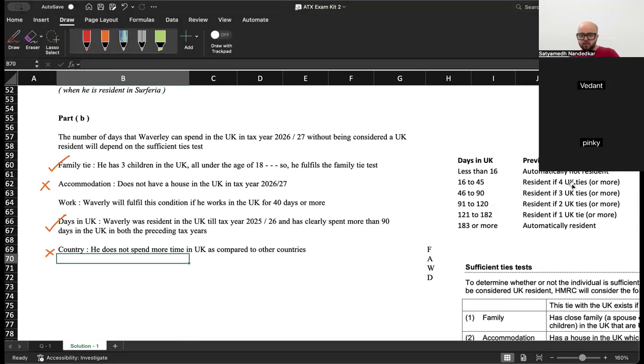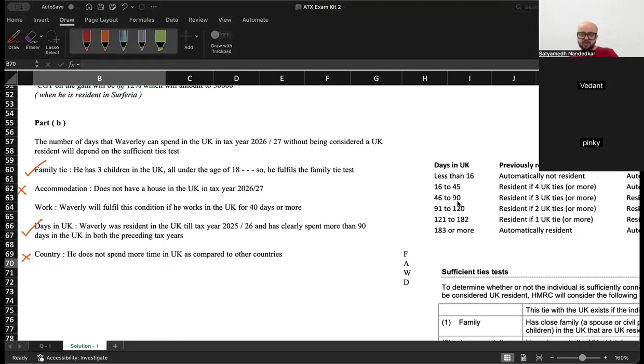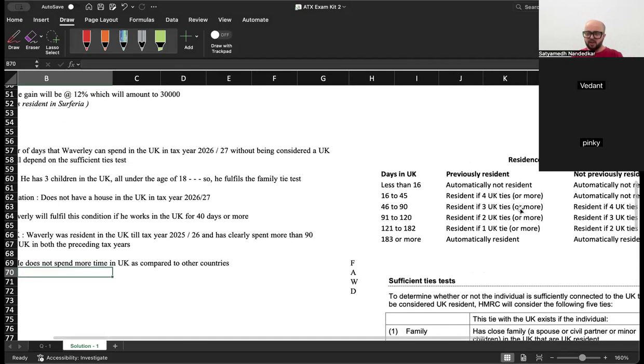ठीक है. So for a person who is previously resident, if three UK ties or more are fulfilled, he will be considered a UK resident if he is in the UK for 46 to 90 days, और if he satisfies only two tests, and days in the UK are 91 to 120 and two UK ties are fulfilled, then he is considered a resident in the UK.